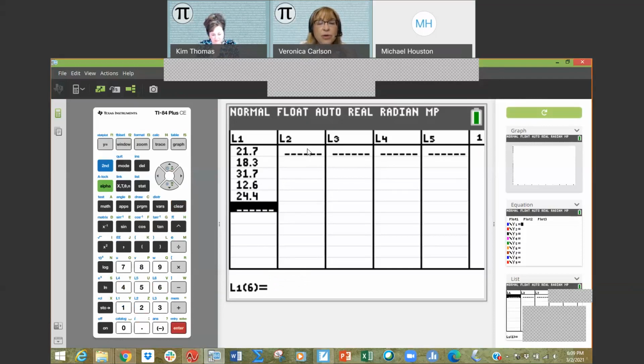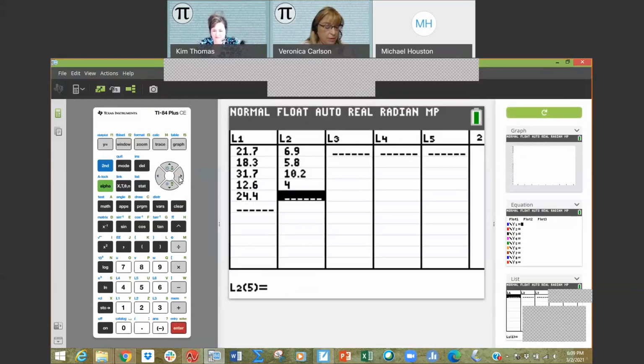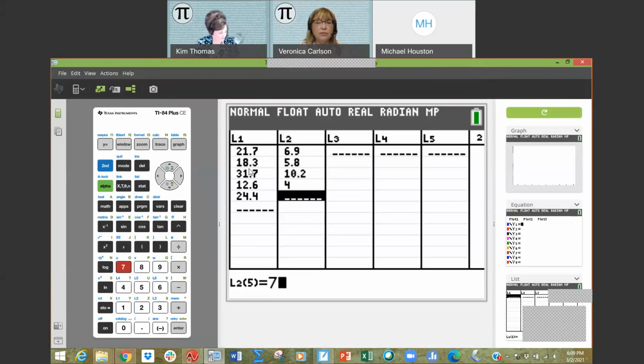And now I'm going to enter in the diameter, 6.9, 5.8, and 10.2, 4, and let's see, I think I'm missing something. 21.7, 18.3, 12.6, 24. Yep, I'm missing one more right here.